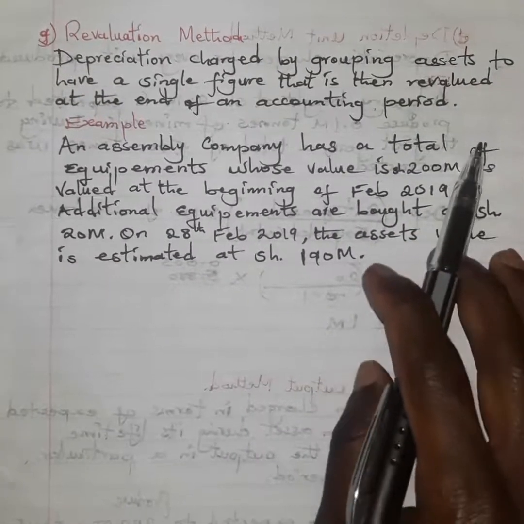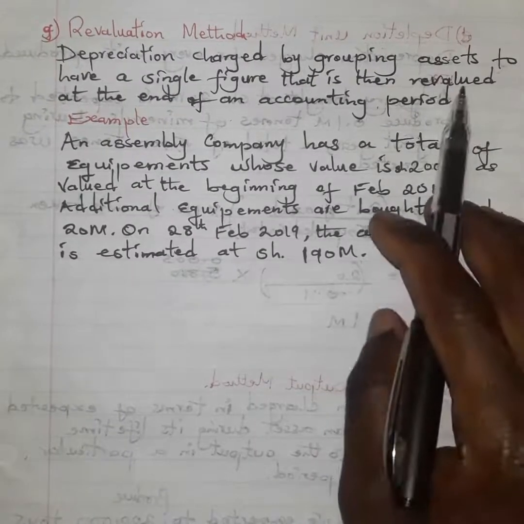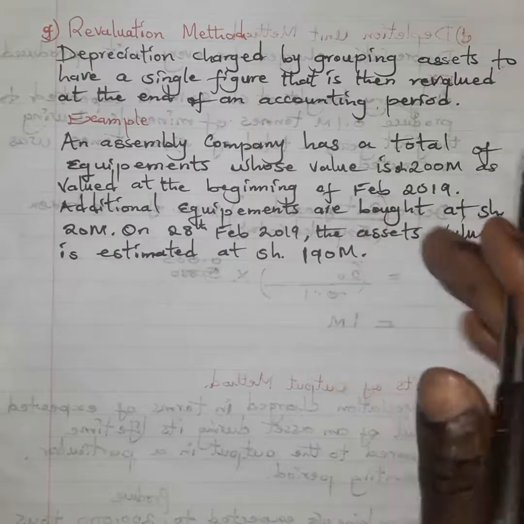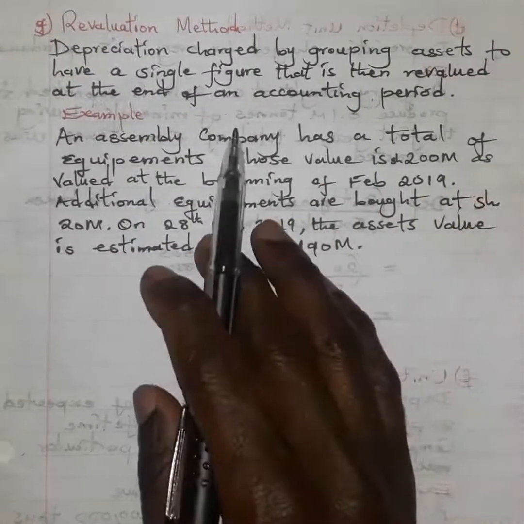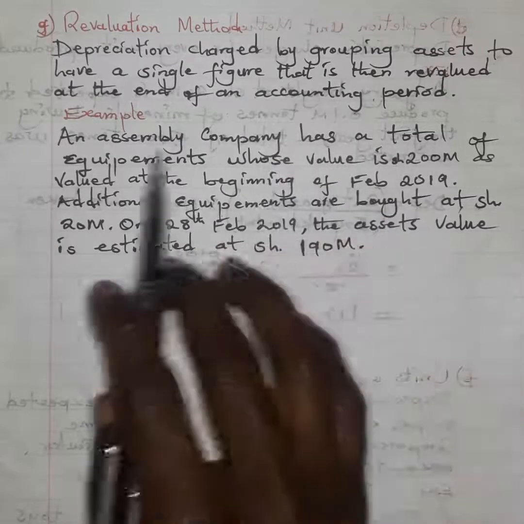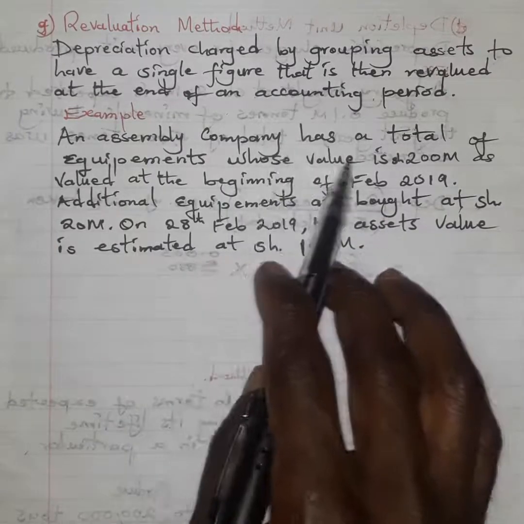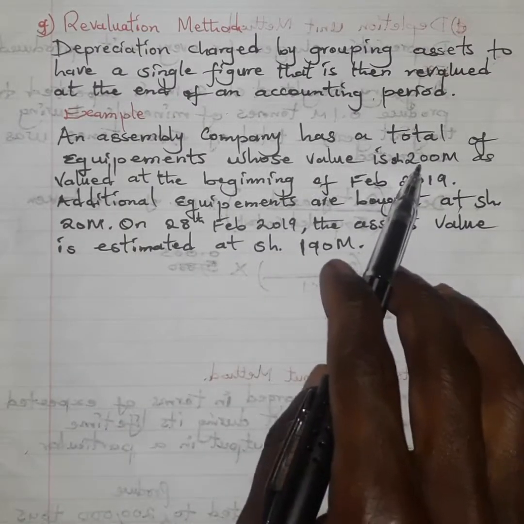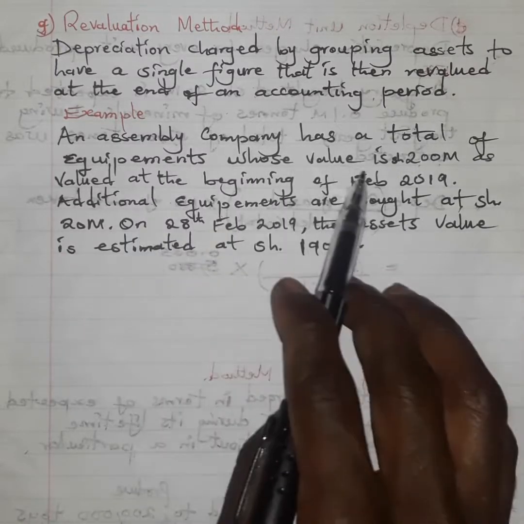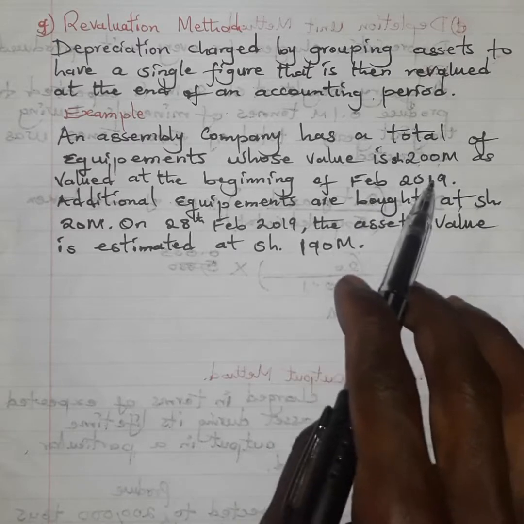So it means we can have assets grouped together, and an accounting period normally has what is known as an opening balance and a closing balance. Like in this case, an assembly company has a total of equipment whose value is 200 million as valued at the beginning of February 2019.